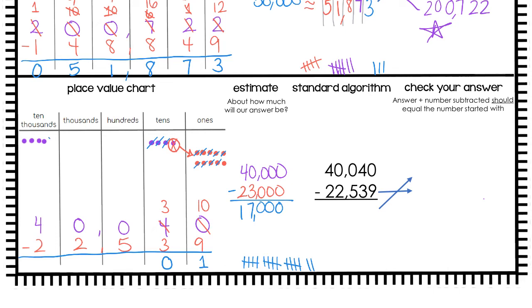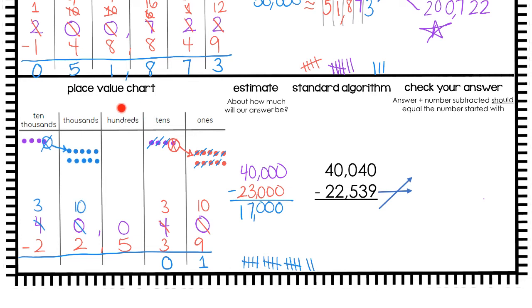I have to come all the way over to the 10,000s and regroup. 1 10,000 is the same as 10 thousands. So now I no longer have 4 10,000s, I have 3 10,000s. And I have regrouped, so now there are 10 thousands.